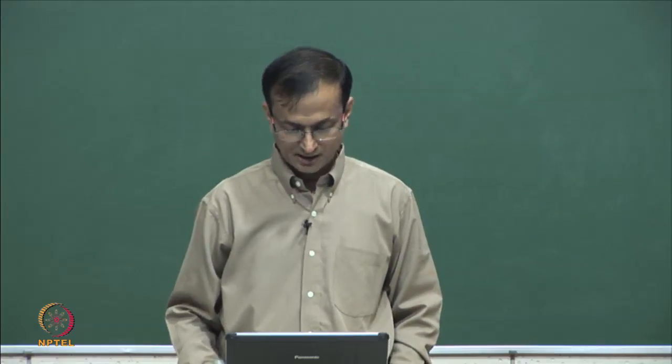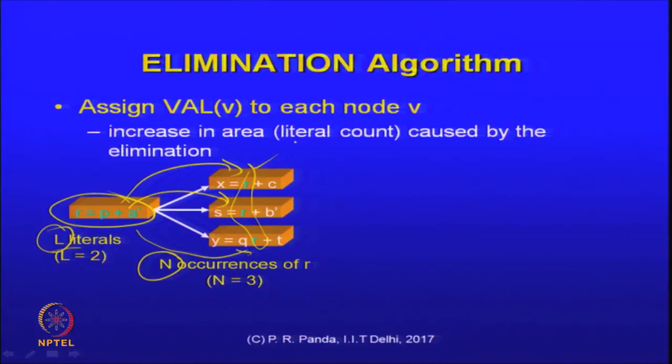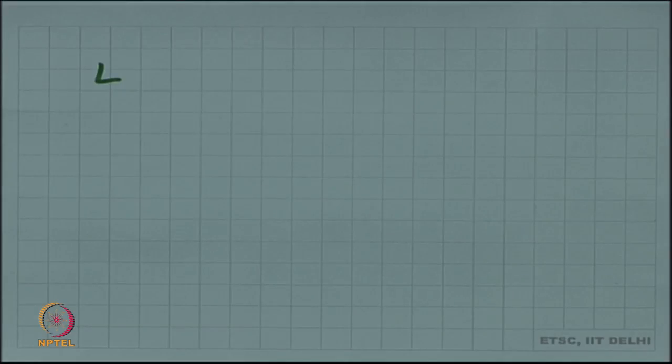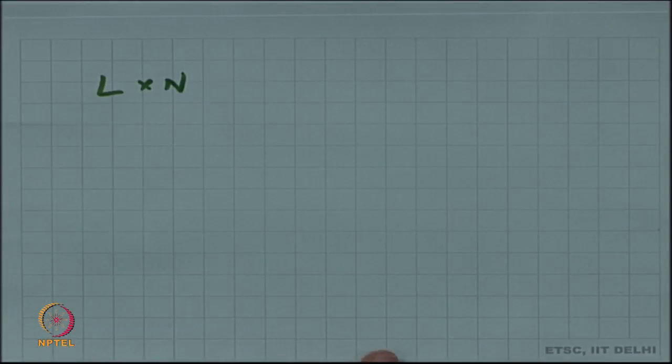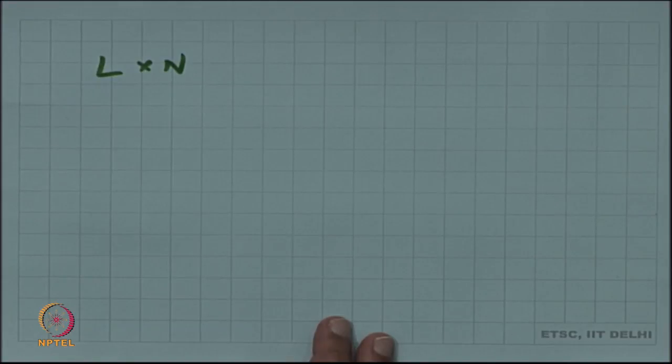First of all, I am getting rid of n occurrences of R, which means that each of them is of size L. That is what is getting in. I have p plus a prime occurring in a number of places, that is a size, and the number of times it is occurring is n. So, that counts as an increase, but there are some decreases that are also happening.